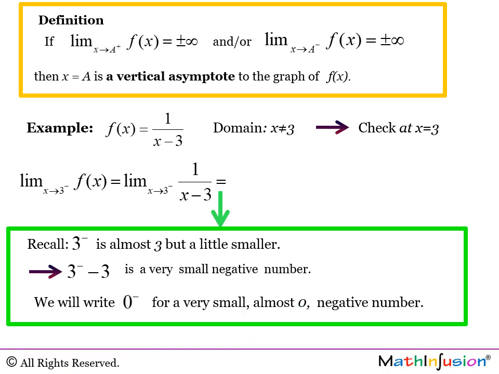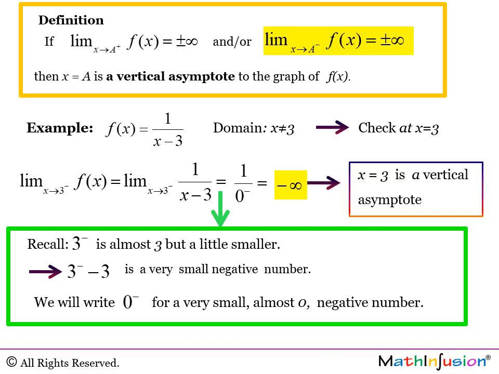And we are going to write 0 minus for that. And we get negative infinity. In this case, we conclude that x equals 3 is a vertical asymptote. We already know that, but if we need to sketch the graph, we really like to know what happened at 3 plus and 3 minus.